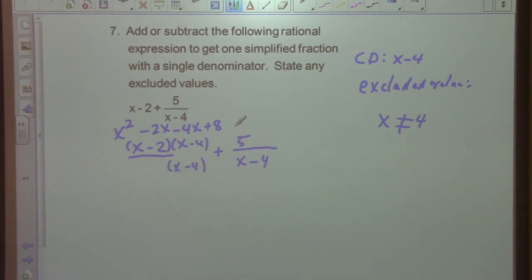And then we have this plus 5, so we can rewrite this as x squared minus 6x plus 13, all over x minus 4. Okay? Questions on that one? It's not that hard, is it? Okay.